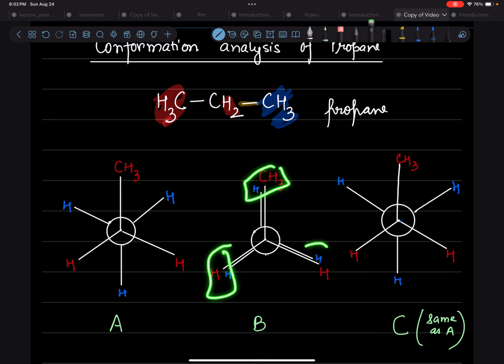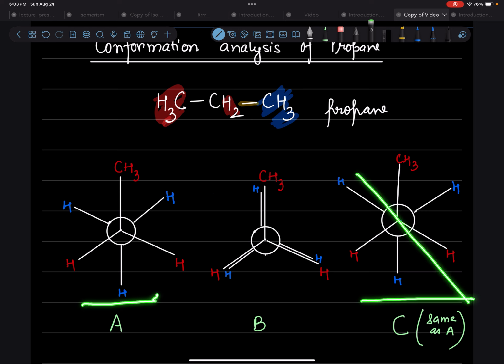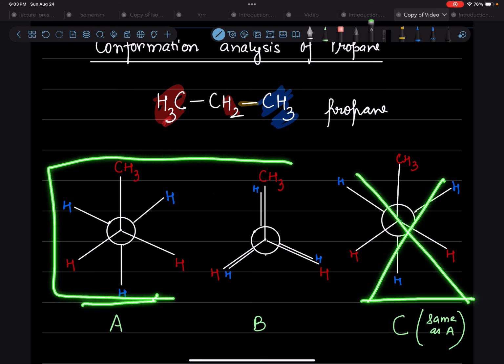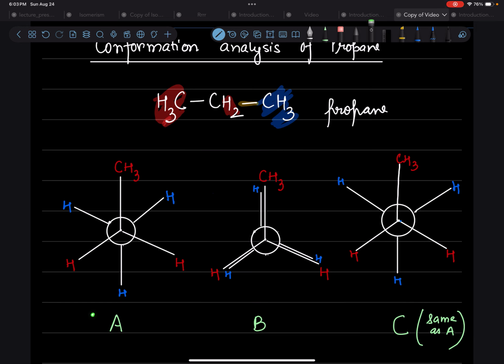Now if I rotate this further by 60 degrees, this hydrogen will come here, this hydrogen will come here, and this hydrogen will come here, which we can see. If you compare the last structure, the C structure, with A, they are the same. So in propane also we have two extreme conformations, one staggered and the other eclipsed, and the staggered one is more stable than the eclipsed one by 14 kilojoules per mole.